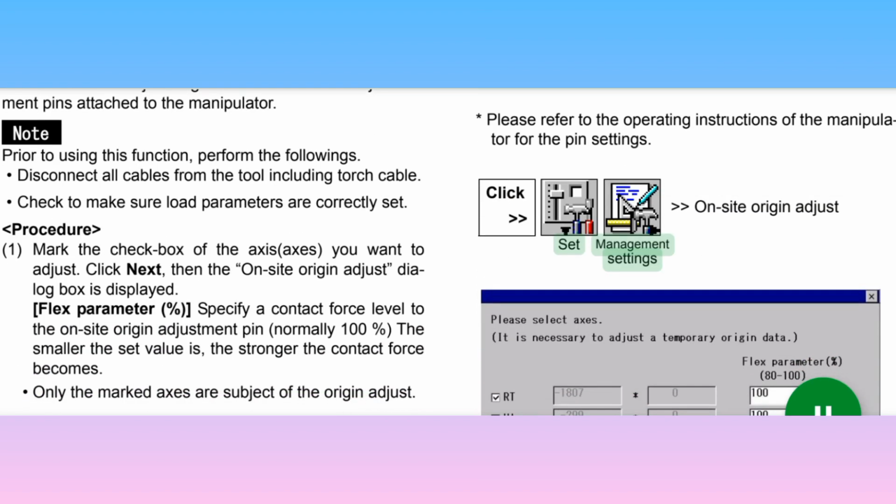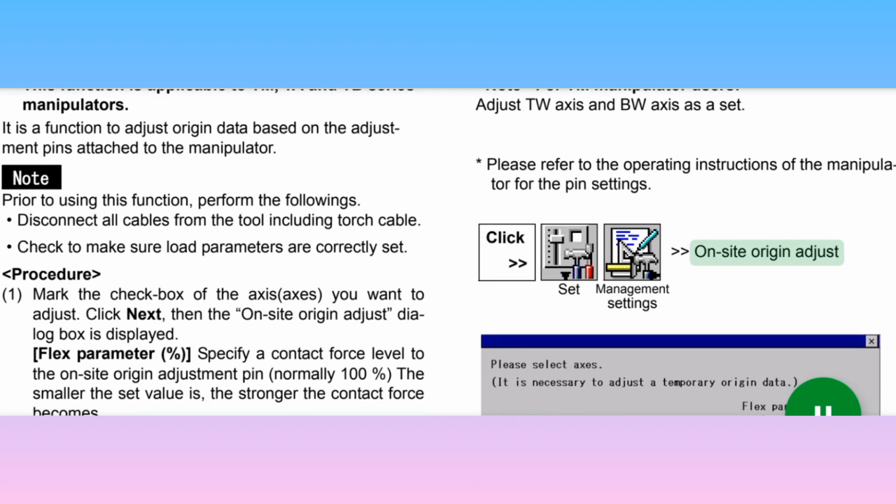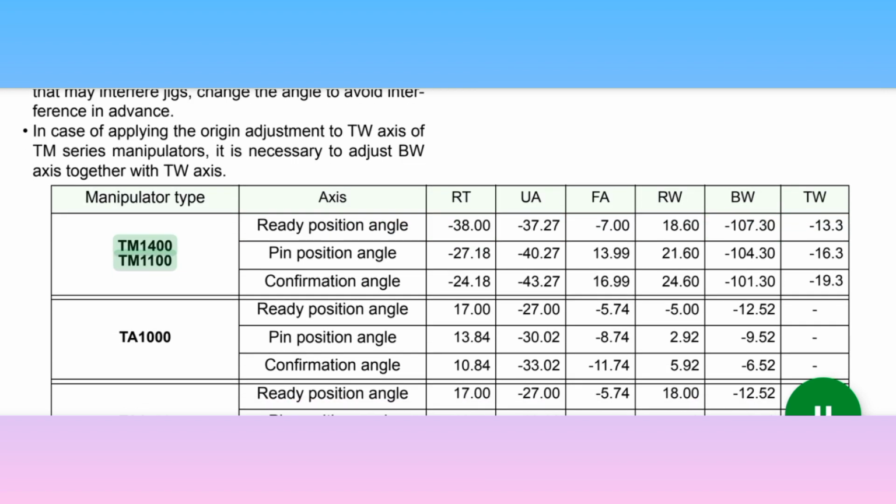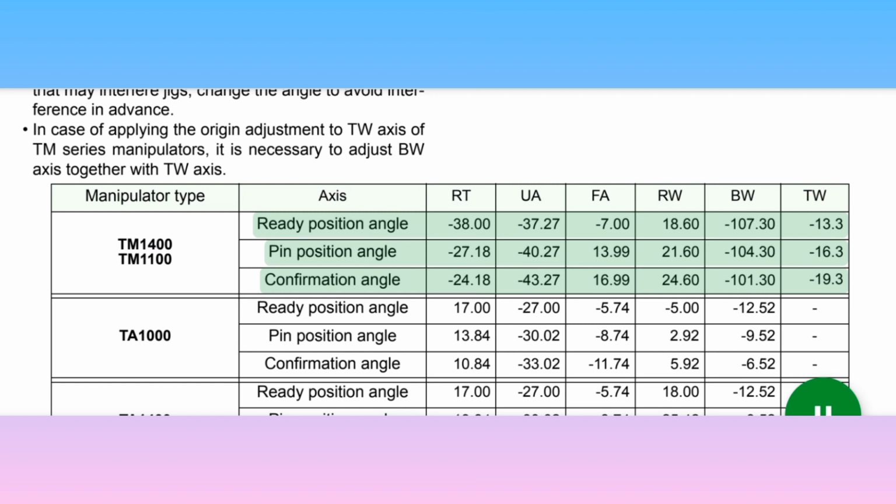Management Settings. Click On-Site Origin Adjust. Manipulator type, axis: R, T, UA, FA, RW, BW, TW. TM1400, TM1100. Ready position angle: -38.00, -37.27, -7.00, 18.60, -107.30, -13.3.